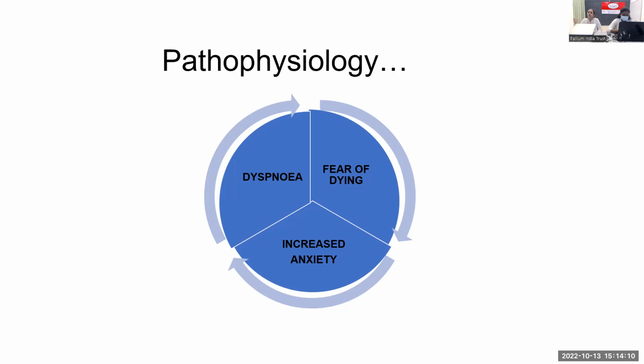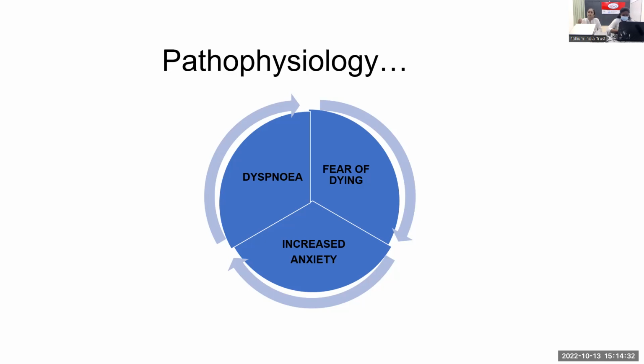So imagine that you are going for an exam, your final year exam, and you're very anxious. When you're very anxious, have you noticed that you start panting because you're anxious? Your breathing pattern changes. The moment the breathing pattern changes, you become more anxious because it's a constant reminder of your anxiety. So even for an exam, we all go through that.